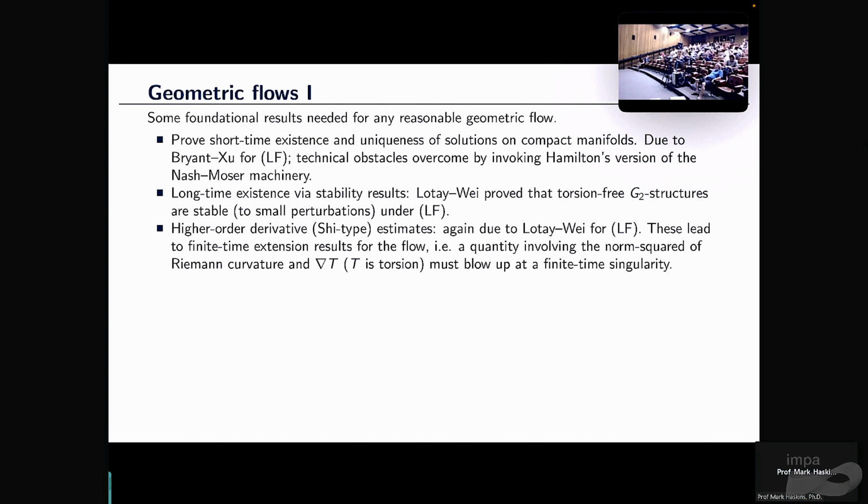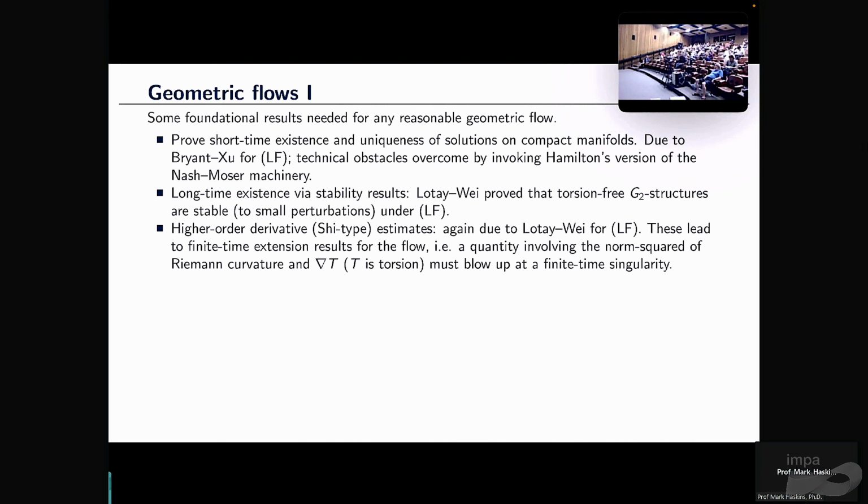So there'll be some kind of quantity, and they will enable you to show that if this quantity remains bounded, then the flow can be continued past that. Or another way to say that would be that if the flow only exists on some finite time and is becoming singular at some final time, then this quantity is going to have to blow up.